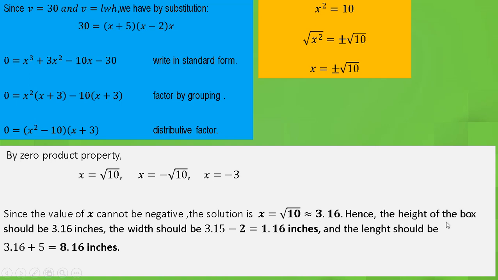Hence, the height of the box should be 3.16 inches. The width is 3.16 minus 2, which is equal to 1.16. And the length should be 3.16 plus 5 equals 8.16 inches.